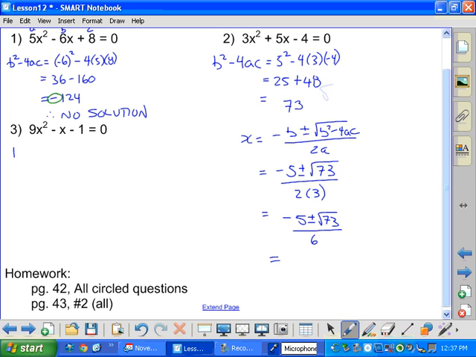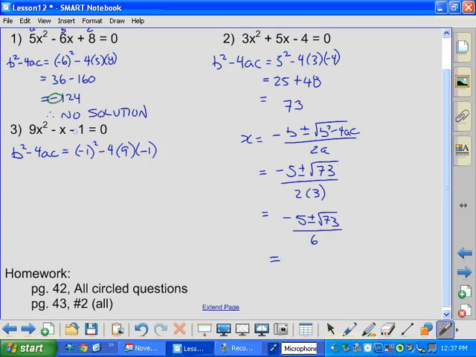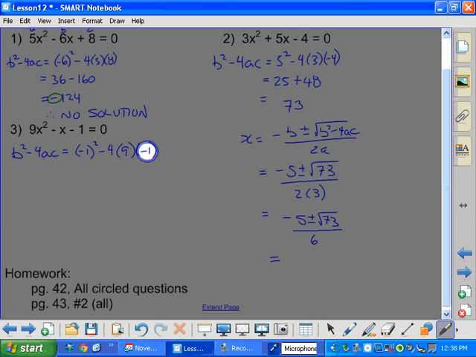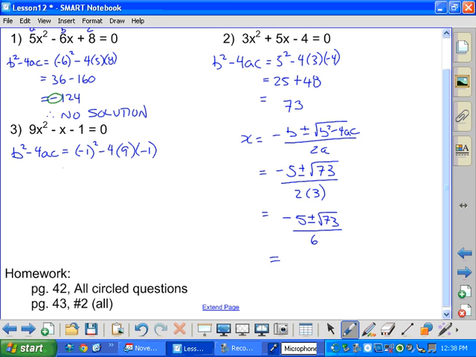Last example, just quickly going through it. Same process. I'm going to check my discriminant first. So negative 1 squared minus 4 times 9 times negative 1. And again, just be careful, it's a negative 1, so you need to make sure the sign goes with it. So we end up with 1, since negative 1 squared is a positive number, plus 36.